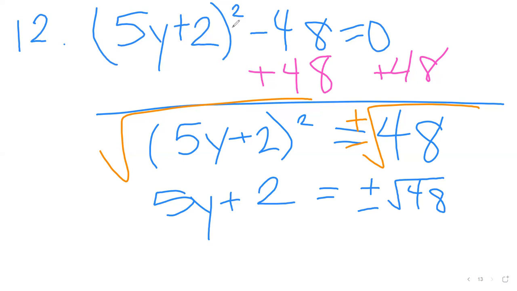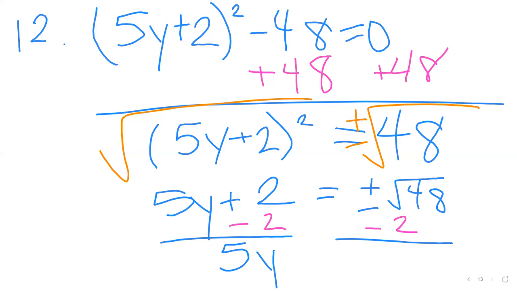To start getting y by itself, we can subtract 2 on both sides. Subtract 2. 5y is left on the left, equals, and this is where it gets kind of weird. Think to your quadratic formula, what that looks like.